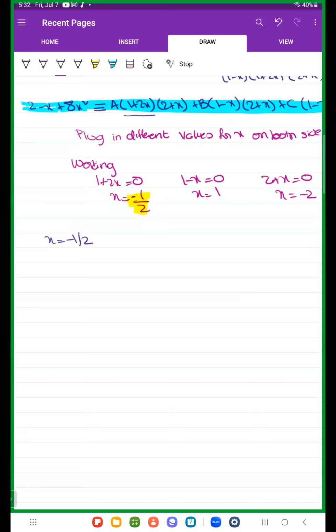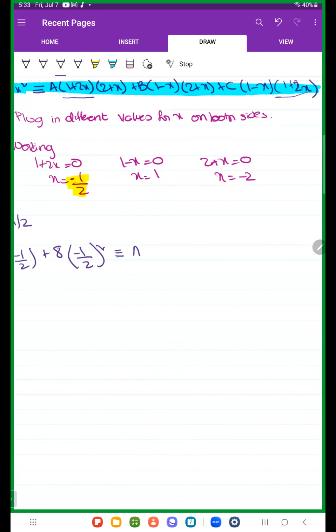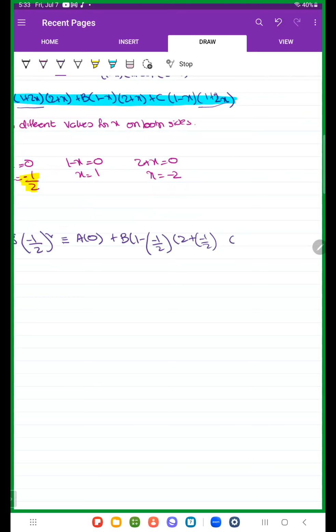So if I plug in x as minus half on this side, it will give me 2 minus half plus 8 times minus half squared, is equal to A into 0, plus B times (1 minus minus half) and (2 plus minus half), plus C into 0.